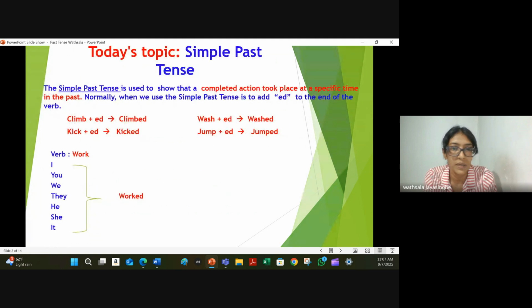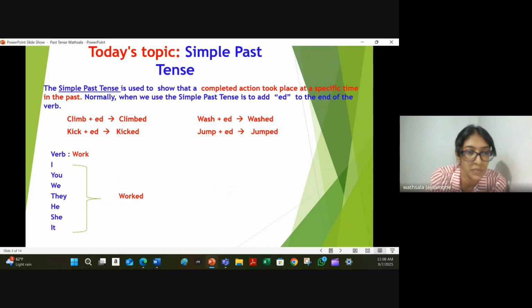Now, today's topic is simple past tense. The simple past tense is used to show that a completed action took place at a specific time in the past. Normally, when we use the simple past tense, we add ed to the end of the verb.